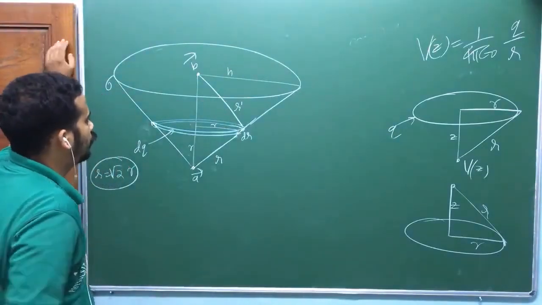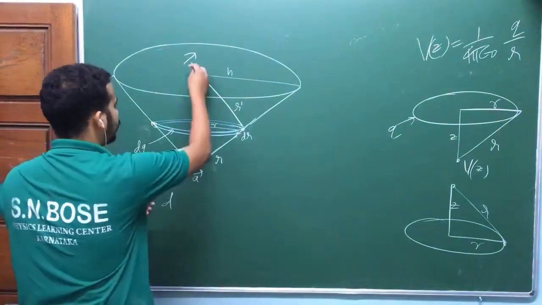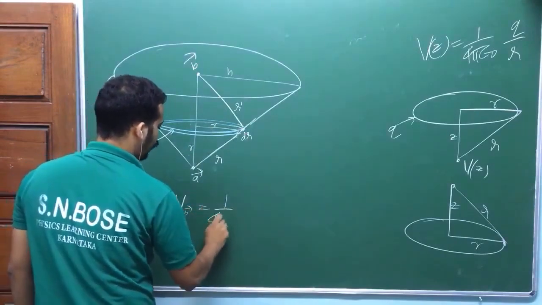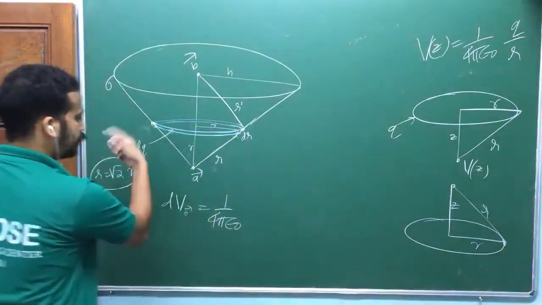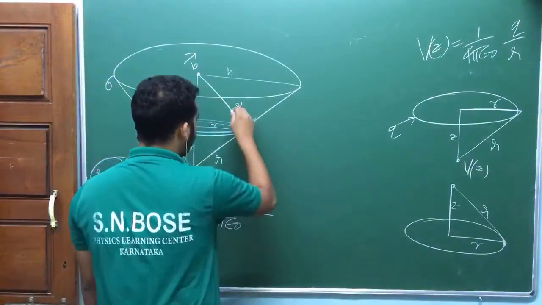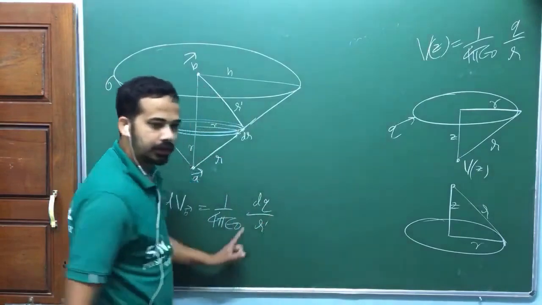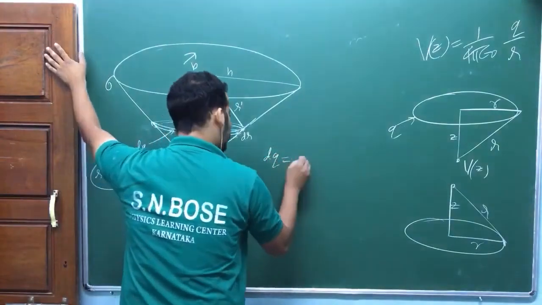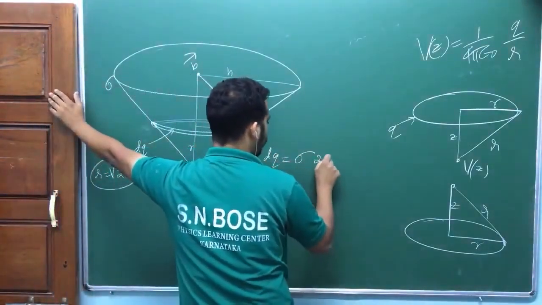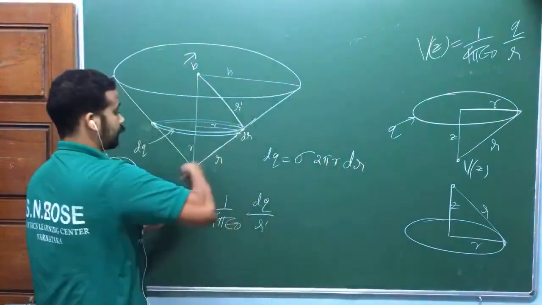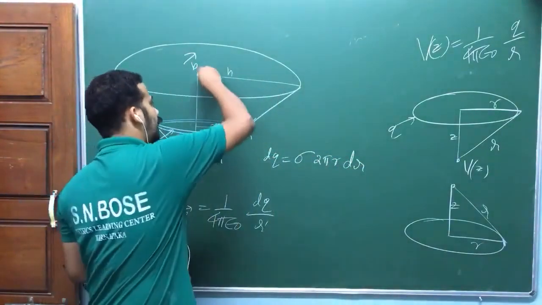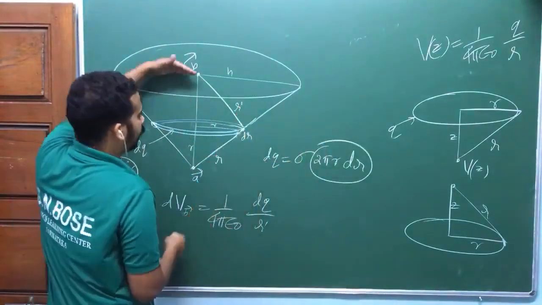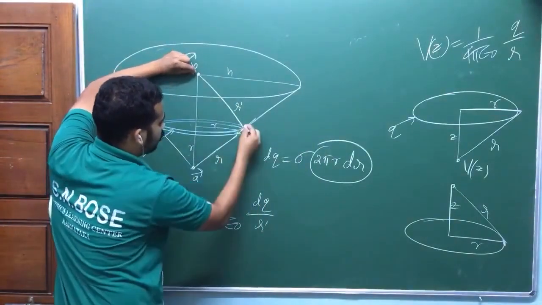Now potential at B due to this elementary ring, dV at B, is equal to 1 by 4 pi epsilon naught, times dq of the ring, over radius R prime. What is dq? dq is exactly the same: sigma into 2 pi r into dr. Using R prime, you can't write this surface area, because R prime varies over the surface.